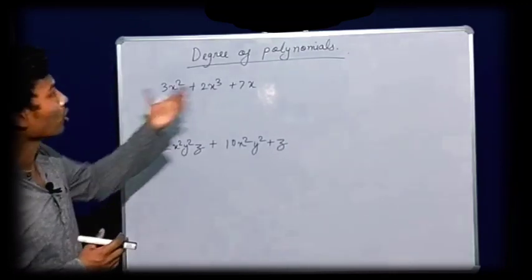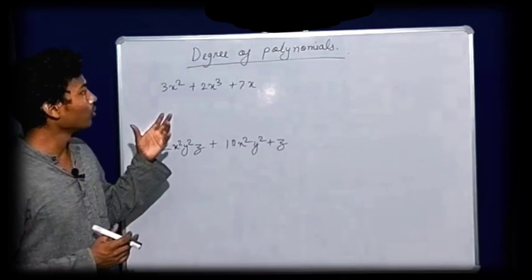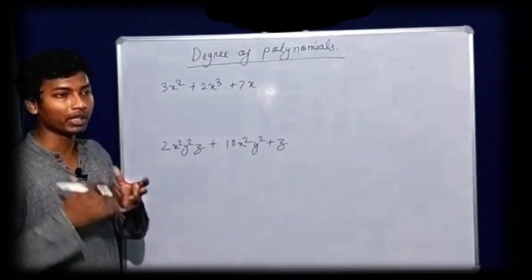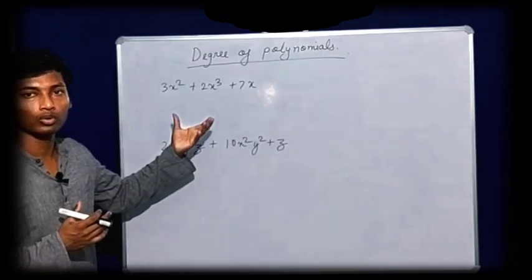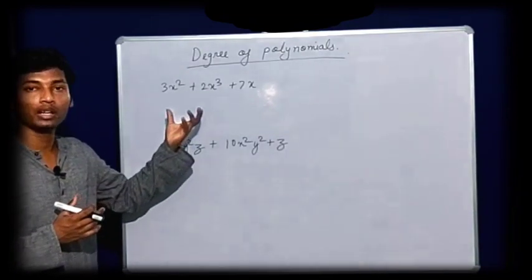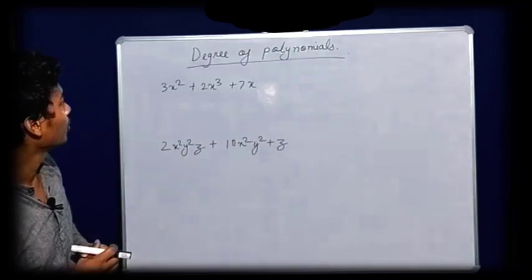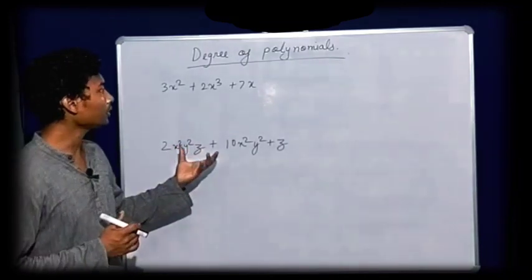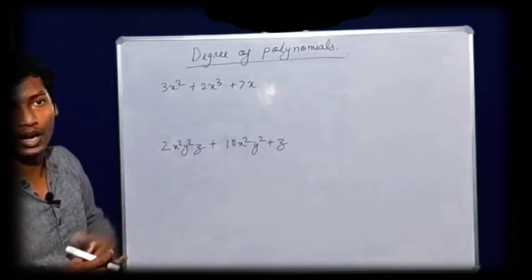So here in a polynomial there are many terms. So out of these terms, what will be the degree of the polynomial? So here we have to choose a term in which the variable has the highest power, okay? Or you can say, if I add the indices of the variables, the power will be the highest.